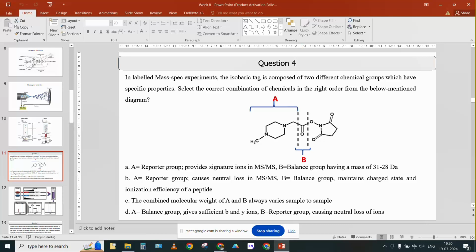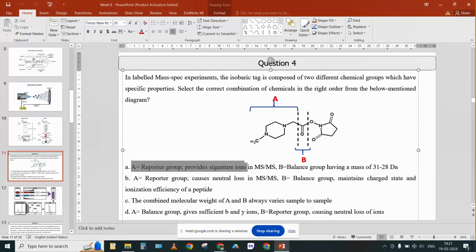According to this, in the given options, A is the reporter group that provides signature ions in MS/MS, and B is the balance group having a mass of 31 to 28 Dalton. So the correct answer for question 4 is option A.